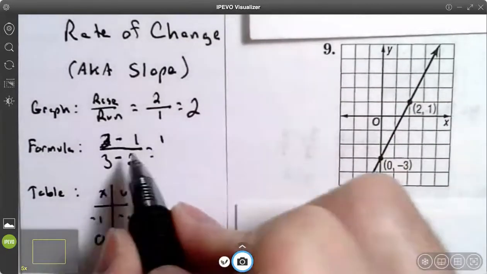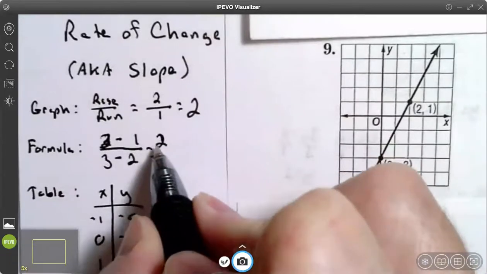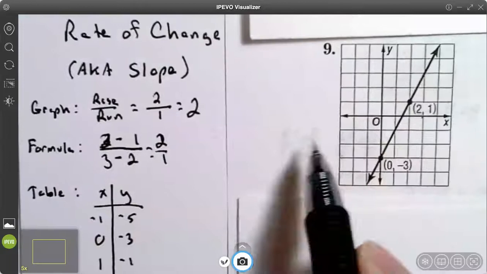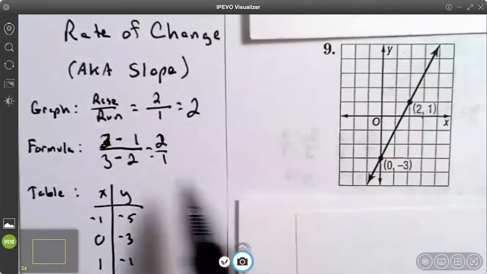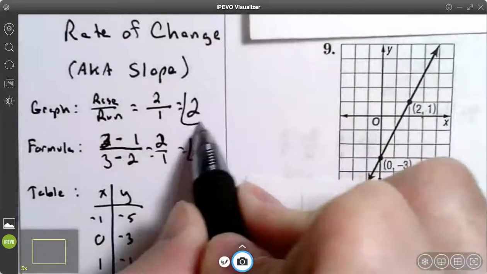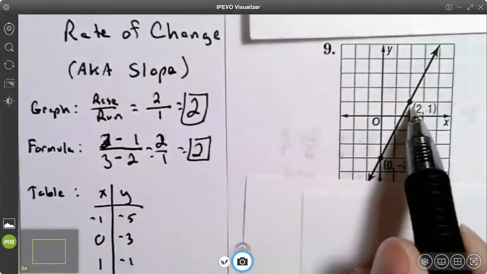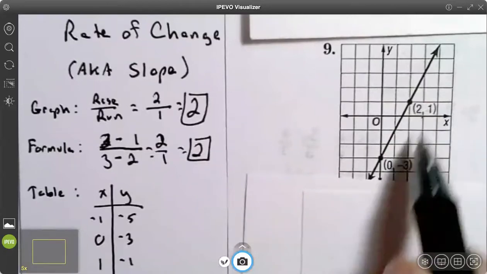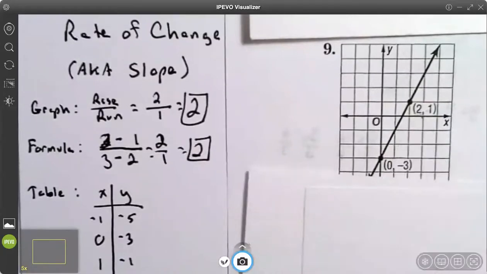So the difference in my y's is 3 minus 1, and the difference in my x's is 3 minus 2. So my slope is still 2. If I had counted right here, 3 minus 1 is... -3 minus 1 is -4, 0 minus 2 is -2, and -4 divided by -2 still simplifies to 2.